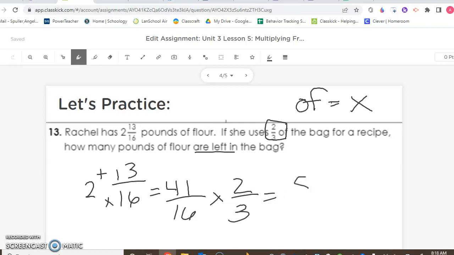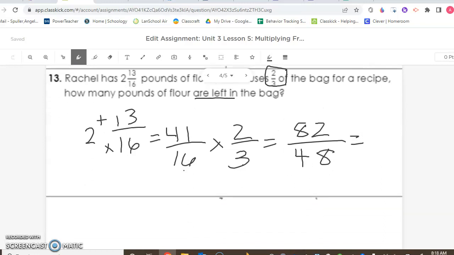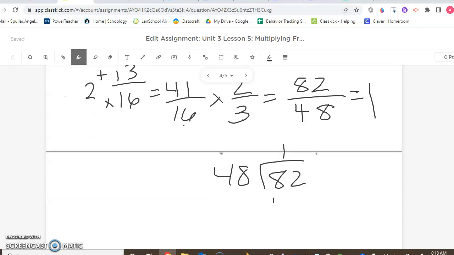All right, so that would have given me 82 over 48. If I simplify it, 82 divided by 48, there's only one of them. 1 times 48, let's subtract it. Borrow, that's a 7, that's a 12. Would have gotten 1 and 34 over 48 left. Good job.